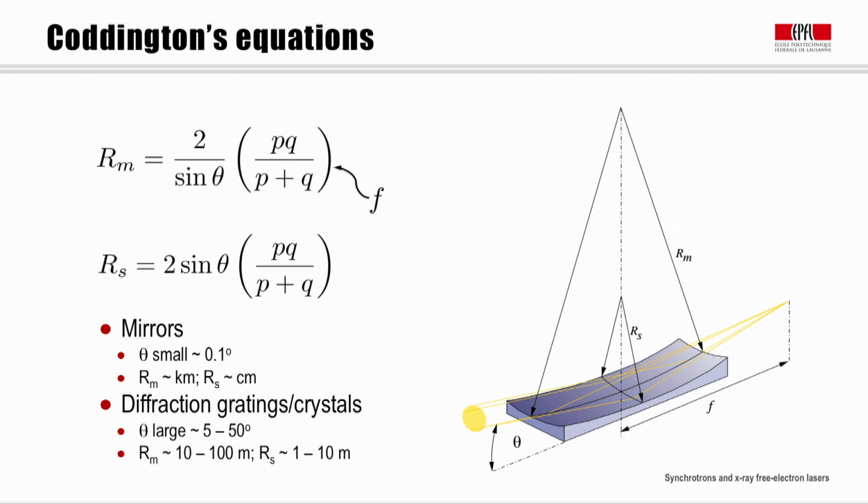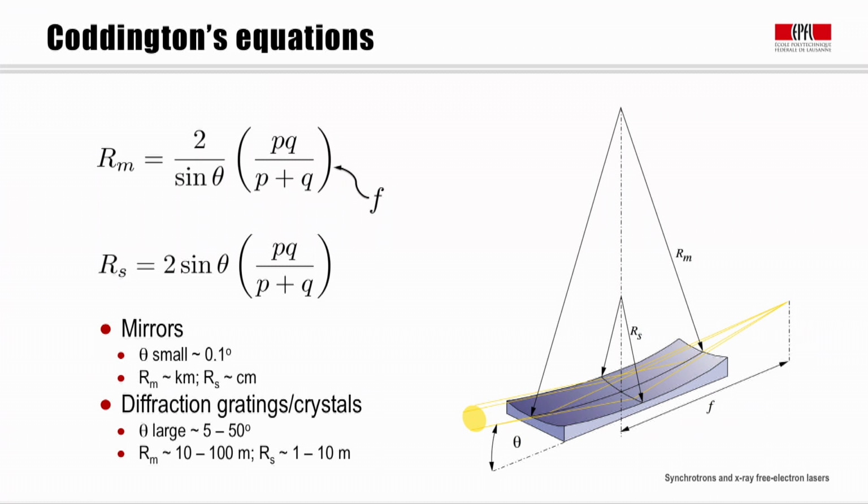The Coddington equations relate P, Q, and F with the bending radii Rm and Rs. Rm is the meridional bending radius in the plane perpendicular to the mirror or reflecting element, including, for example, a diffracting crystal, which also includes the beam axis.